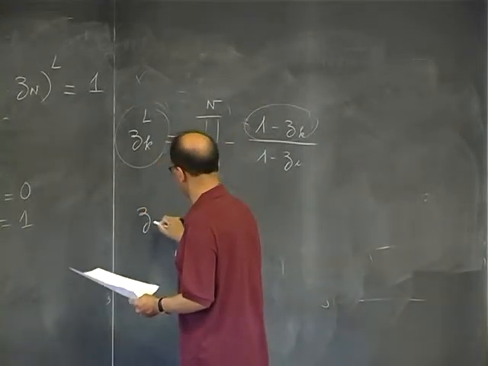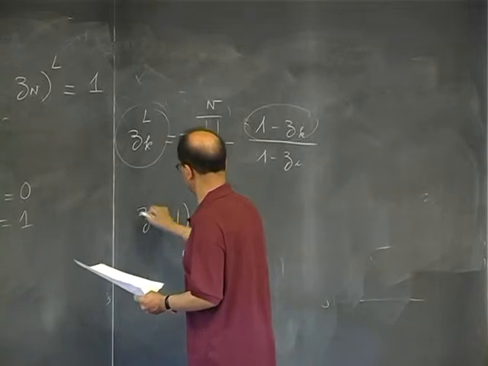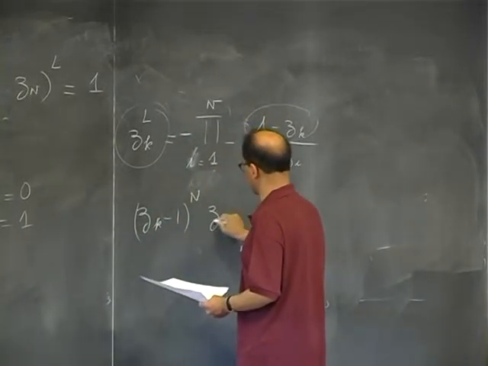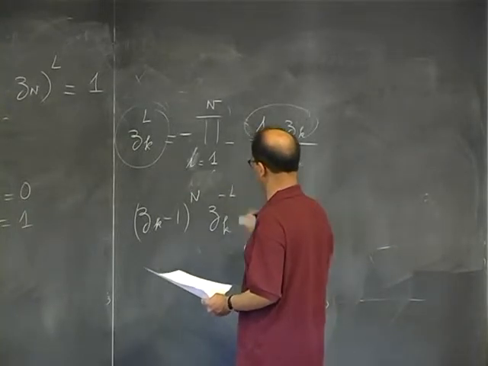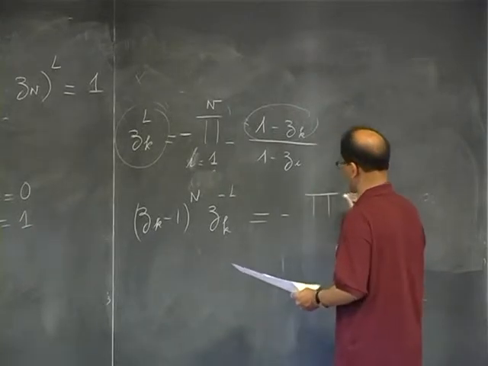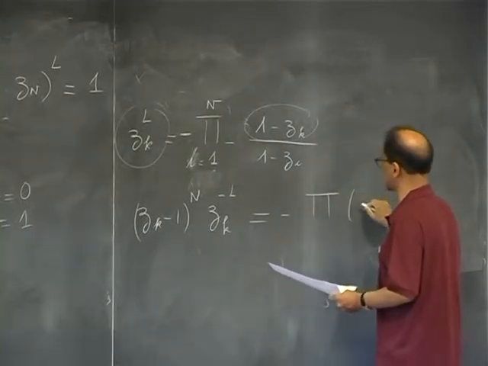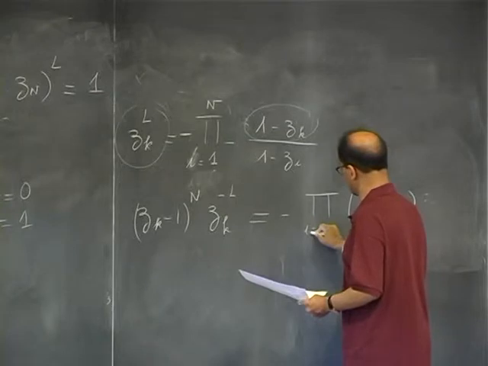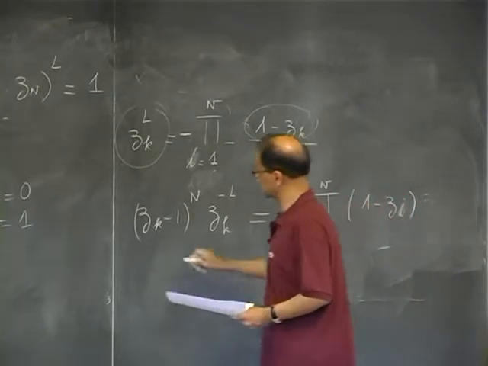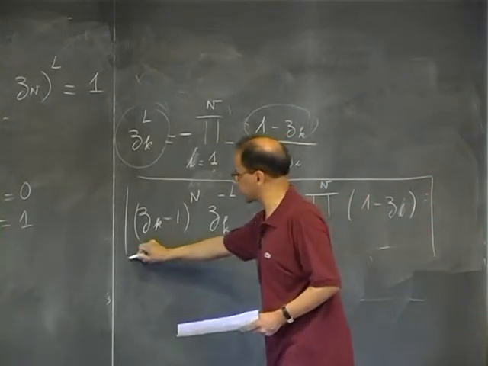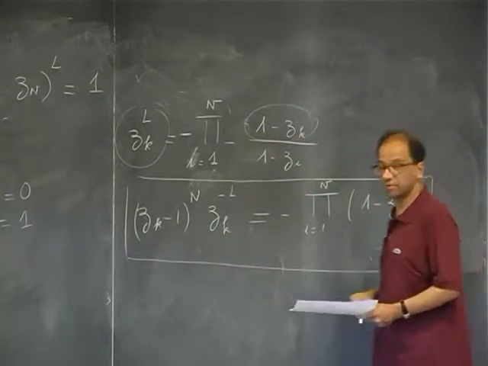It looks like that: zk minus 1, you can change the signs here, to the power n, zk to the power minus L is equal to minus the product of 1 minus zi, i equal to 1 to n. So these are the TASEP Bethe Ansatz equations.